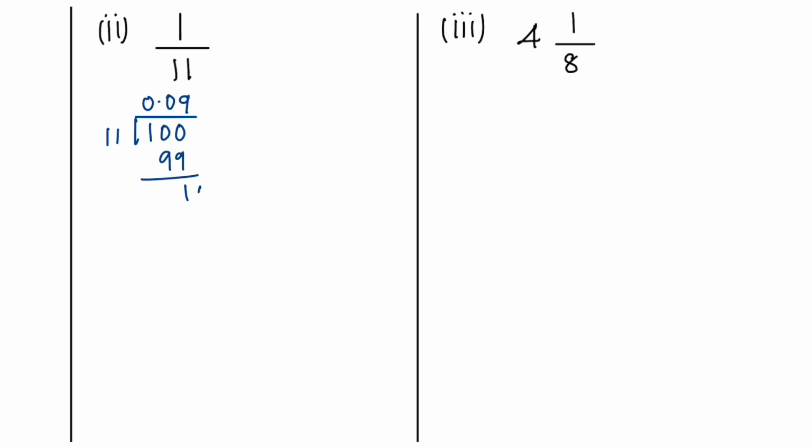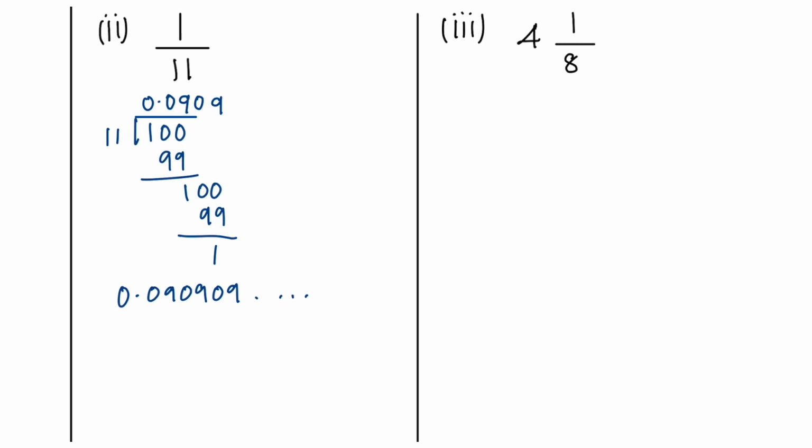Now by default you can have another 0, but that still is not enough because 10 is still lesser than 11. So you need another 0. So you add a 0 to the quotient, that gives you 100. And again 11 times 9 is 99, and you get a remainder 1, and this keeps on repeating, right? It goes on forever. So it is 0.090909, and it goes on forever.